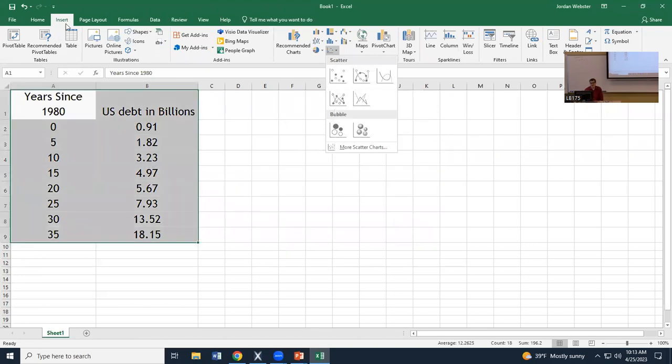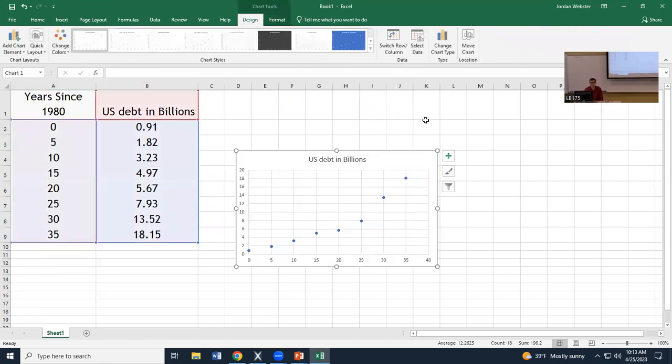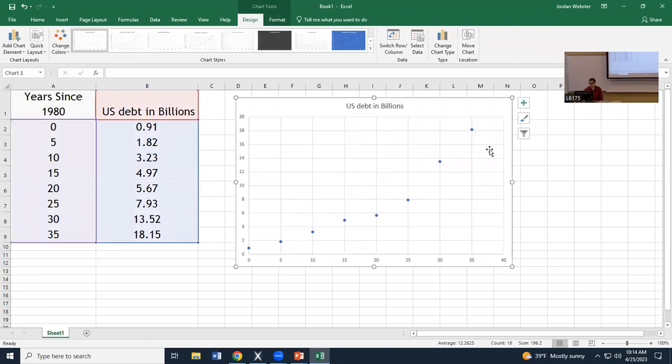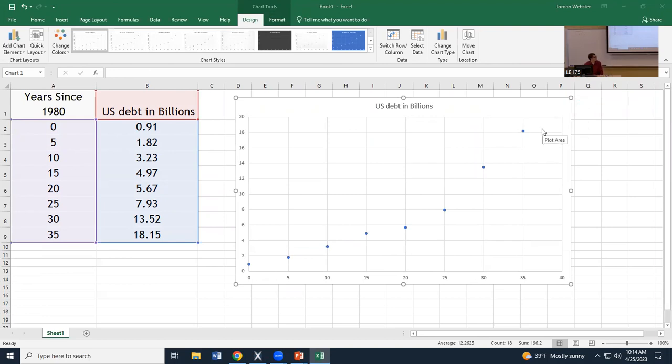You go to insert, and then over here in all the graph drawings, there's a scatter plot chart. So we're going to insert a scatter plot. Try to make that a little bit bigger so people can see it. That work?